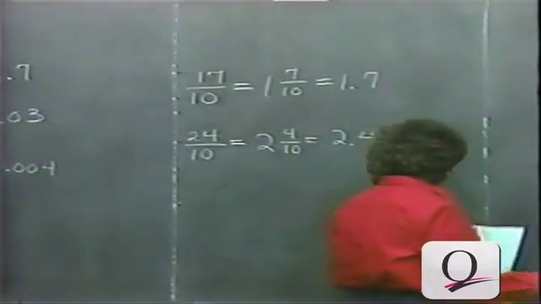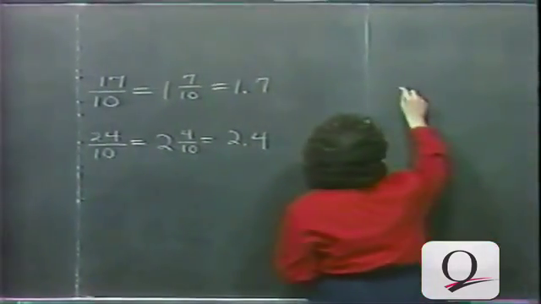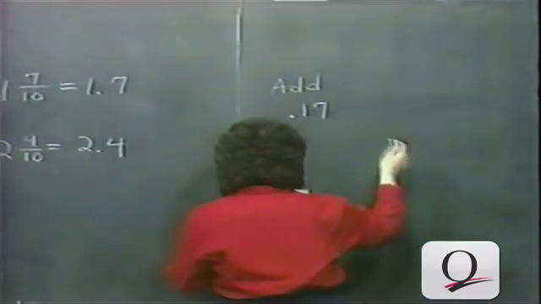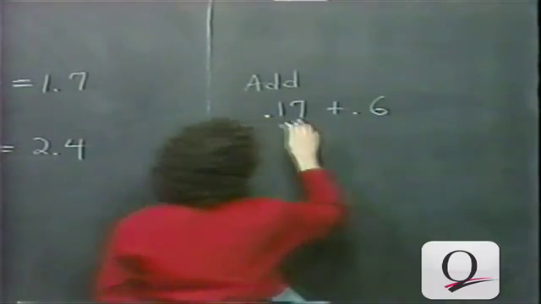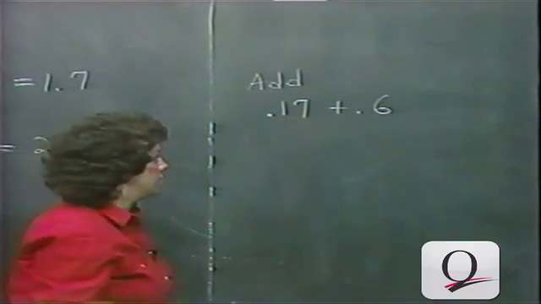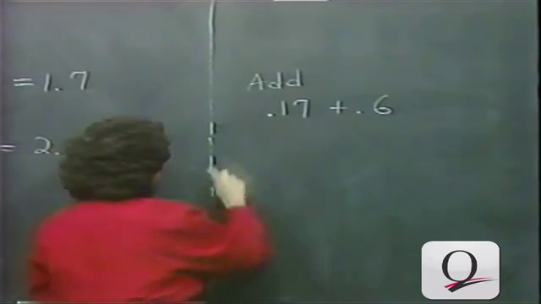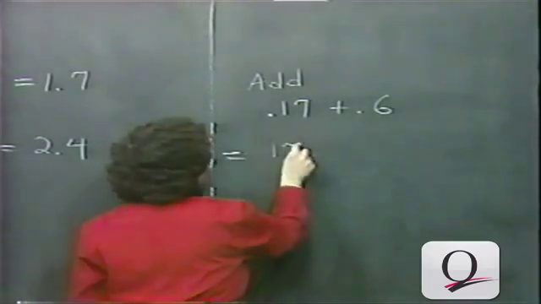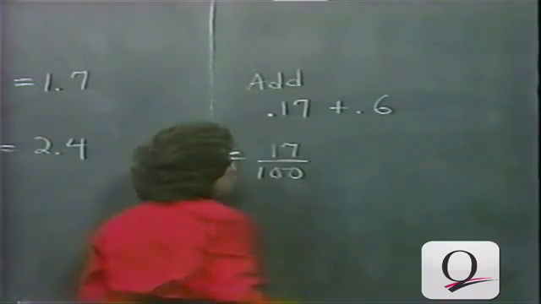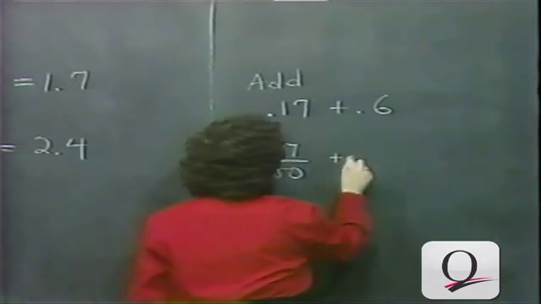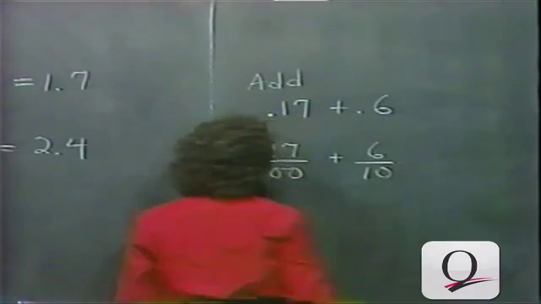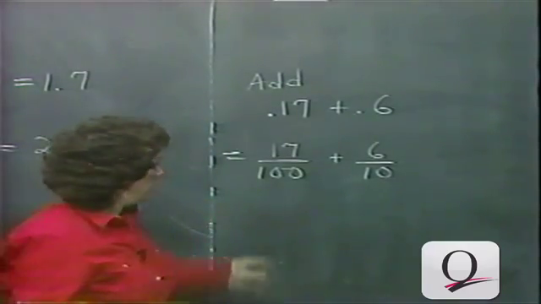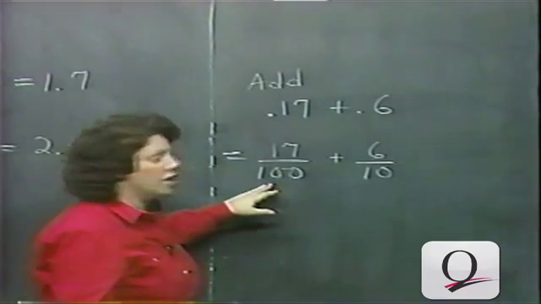For example, let's say we want to add 0.17 and 0.6, that is 17/100 and 6/10. 17/100 can be written as 17 divided by 100, and 6/10, of course, can be written as 6 divided by 10. However, in order to add fractions, we know that they have to have the same denominator. The lowest common denominator here is 100.